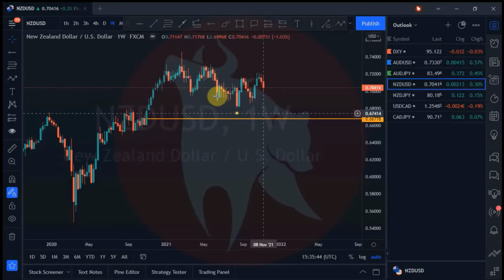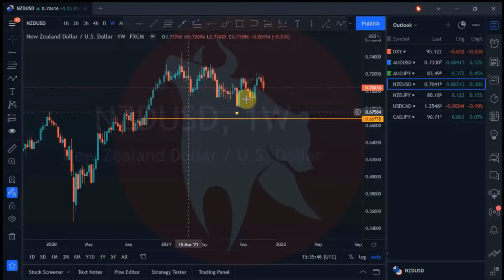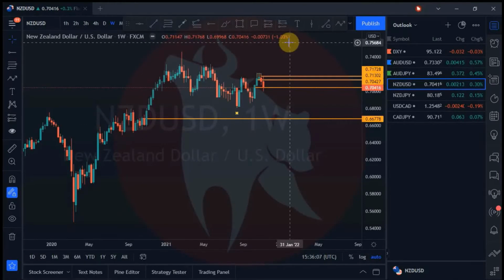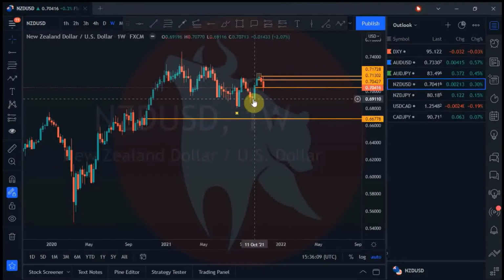Generally, if you see price in a consolidation, the next thing you should see is expansion. So in this case, I'm expecting price to expand to the downside, hit this other block, and then continue pushing up. That is my expectation on AUDJPY.